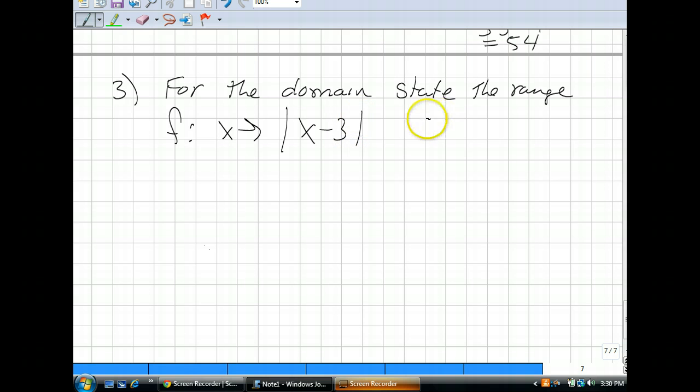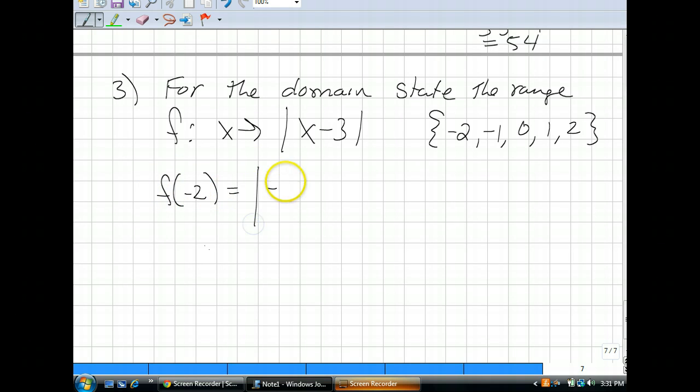So if my domain is -2, -1, 0, 1, 2, then if I put -2 in for x, that's absolute value of -5, which is just 5.